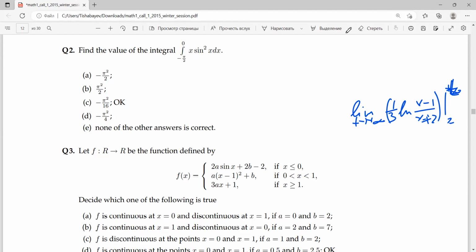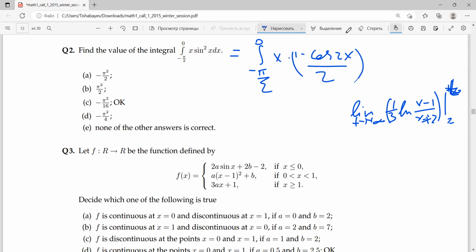First of all, of course, you need to continue it from minus pi over 2 to 0, and x times sine squared, reducing the power. It will be 1 minus cosine 2x divided by 2 dx. Yes? And then you have two integrals.